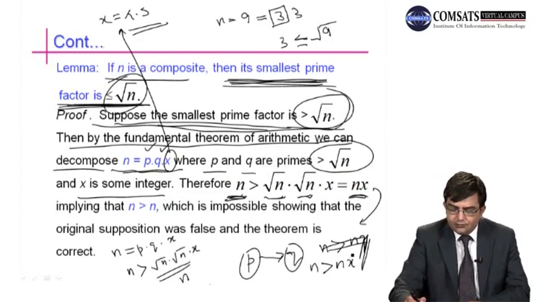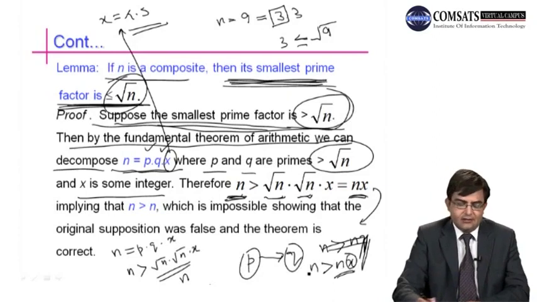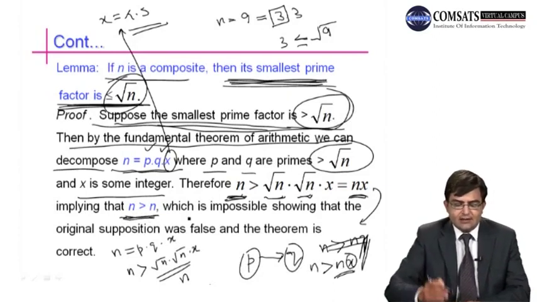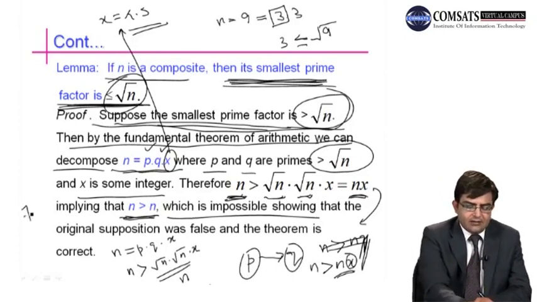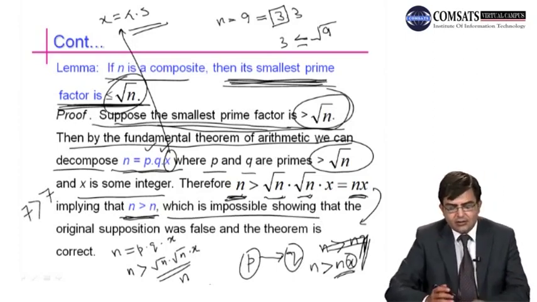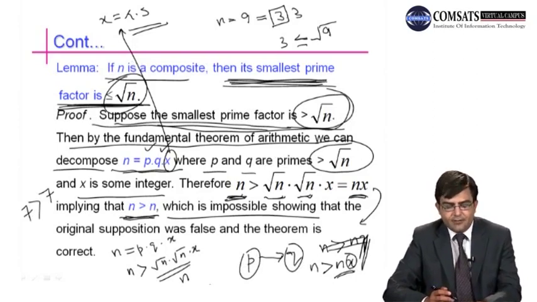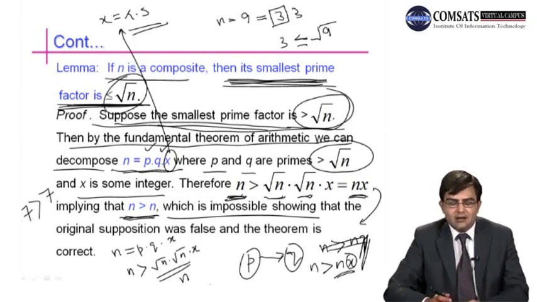If we leave x here, because n is greater than the product of two numbers, then both numbers must be less than n. So we can conclude here n is greater than n, which is impossible, because n is any composite number, and a number cannot be greater than itself.